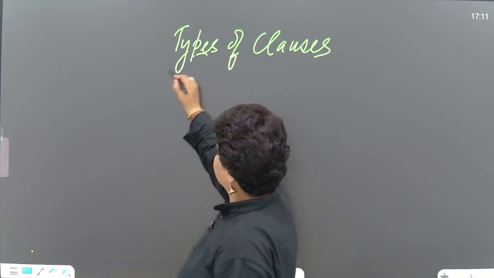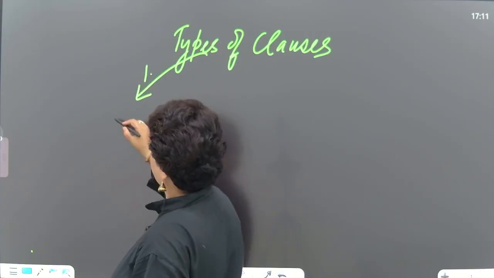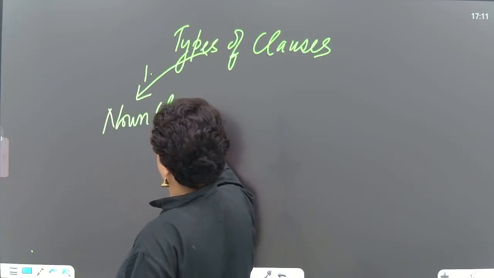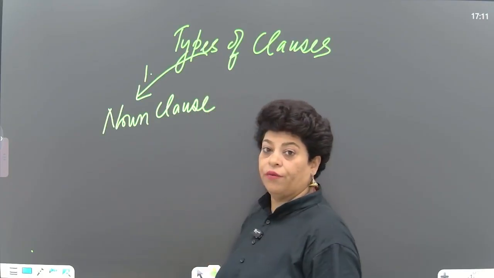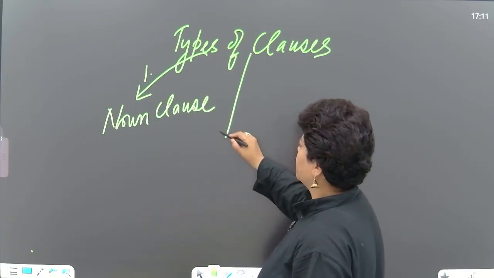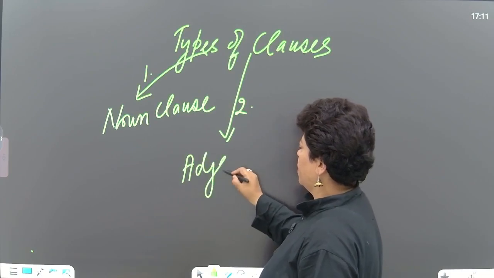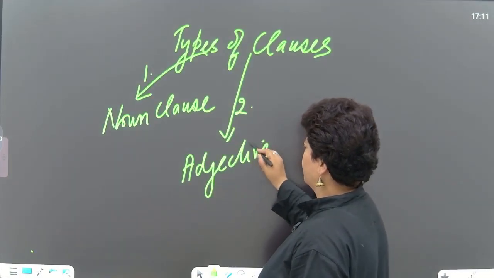The first one says we have noun clause, right? The second says we have adjective clause.